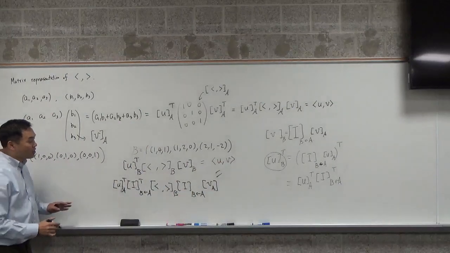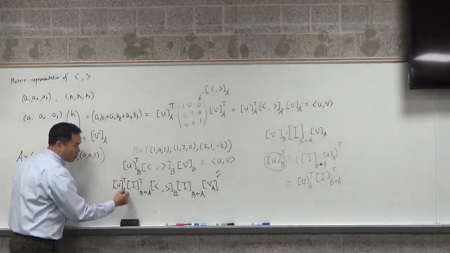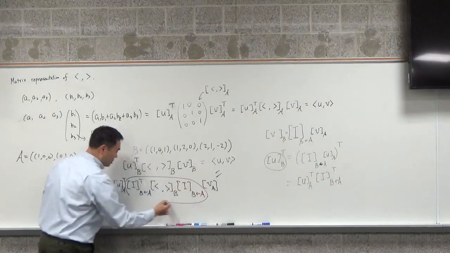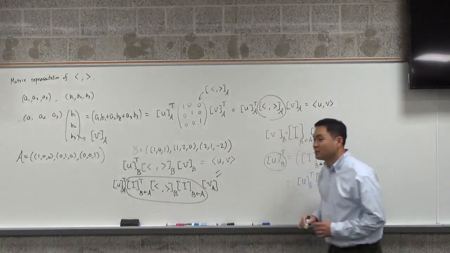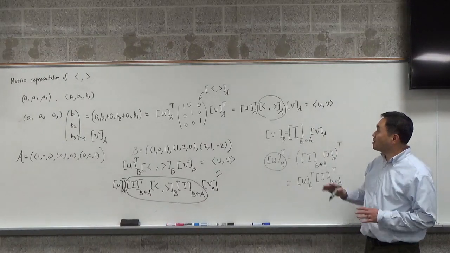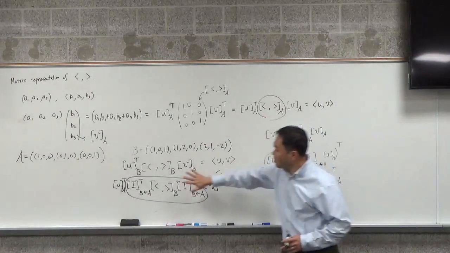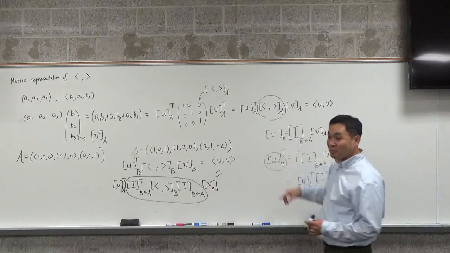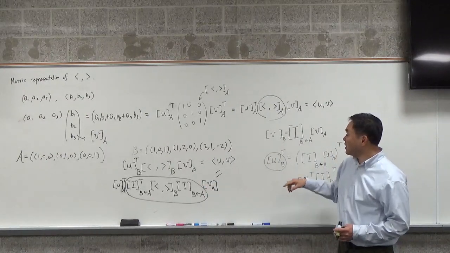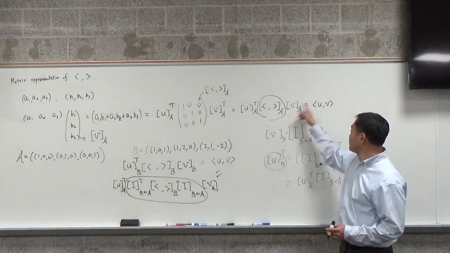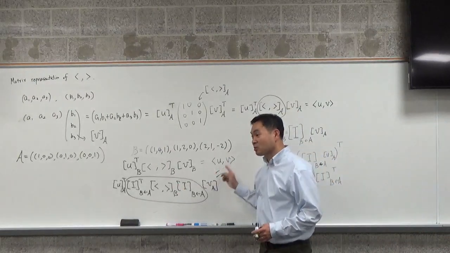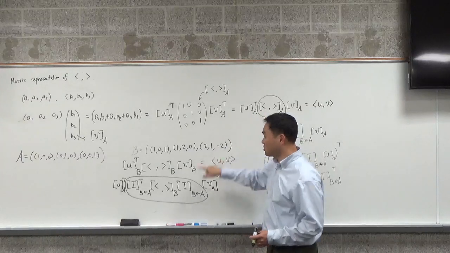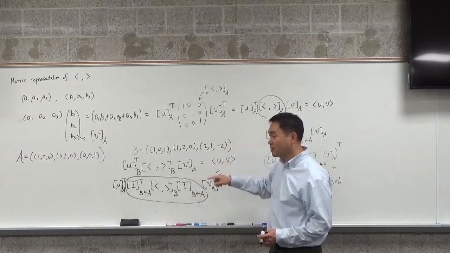And now if you compare this thing that I just wrote with this much here, what do you see? If you just cover this and cover that much, it's exactly the same thing, right? And since this equation should be true for any vector u and v, these two should be equal to each other. Is that okay? All right.